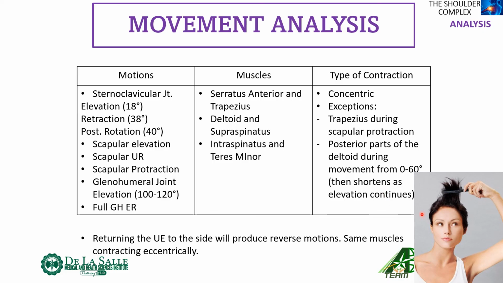Then eventually it shortens as elevation continues. So when you return the upper extremity to the side, from the hand behind the head back to the initial position, it will just produce these motions in reverse.